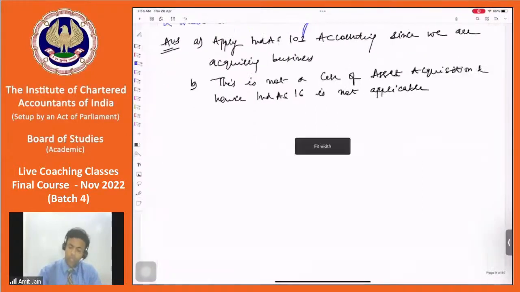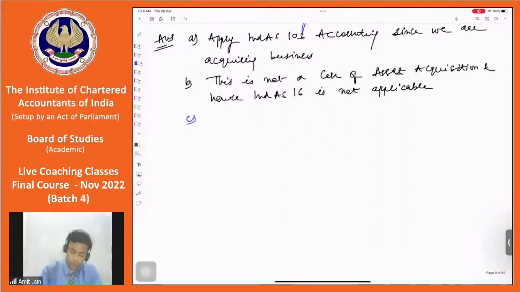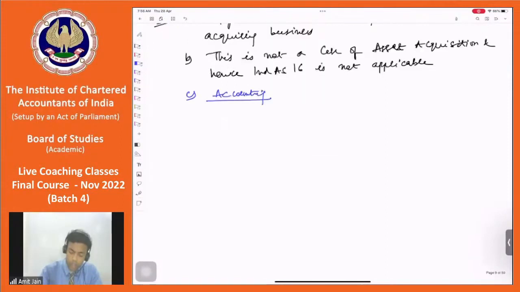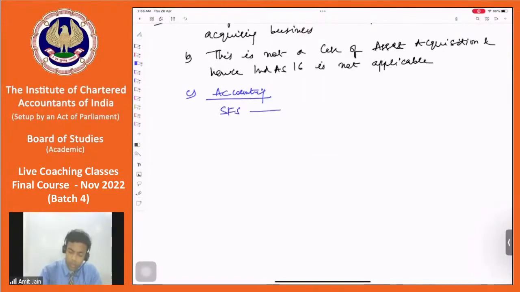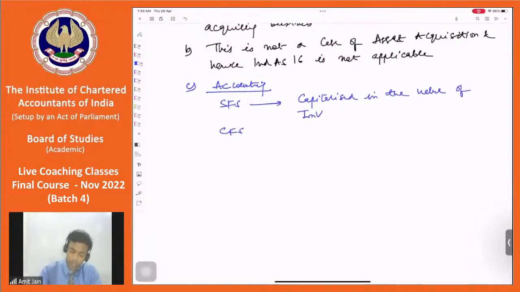So what is the accounting which I need to do? Standalone books, capitalized in the value of investment, and in CFS, charged to P&L. Correct?